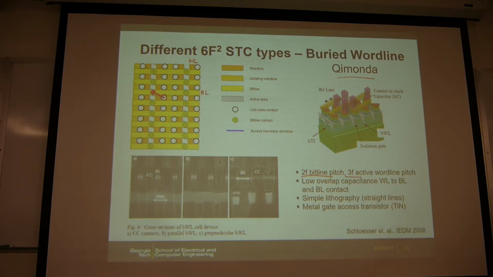So you have this 3F by 2F. This is one, and this is another one. So this is a different design, but very similar. The key difference is just the BL and the WL pitch, just switched.